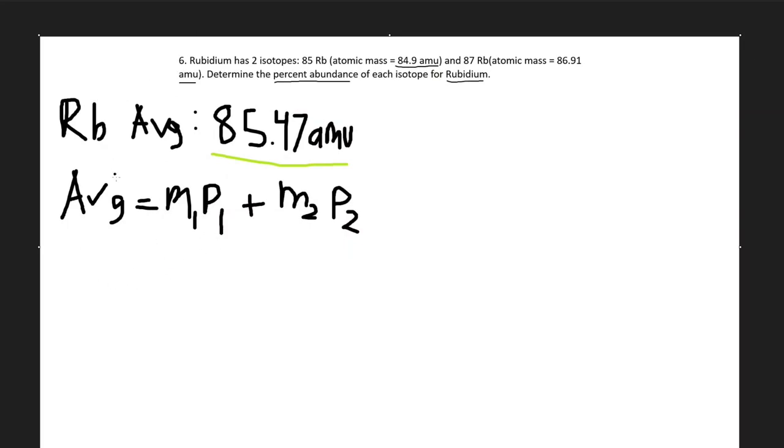So 85.47, this is the average atomic mass, equals the atomic mass of the first isotope.